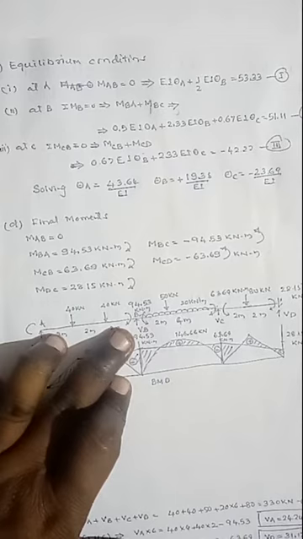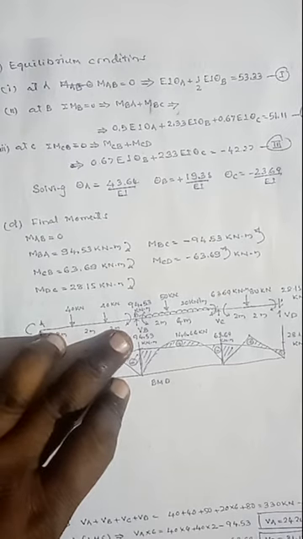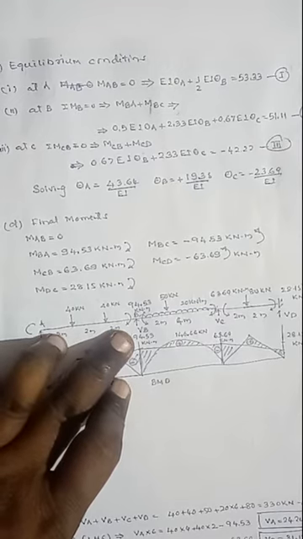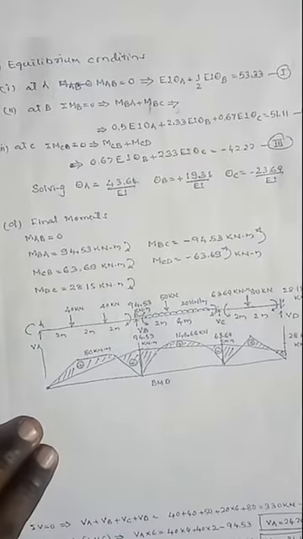By the equilibrium equation, Vb equals, by substituting all these values, 154.24 kilonewton, that is also upward. Now we have got all the values of the support reactions.